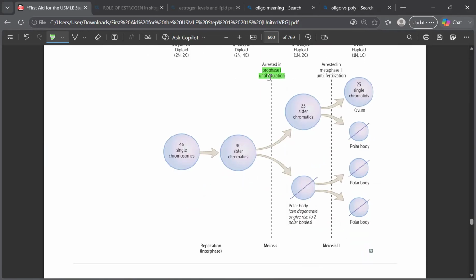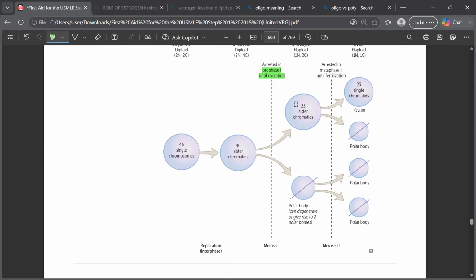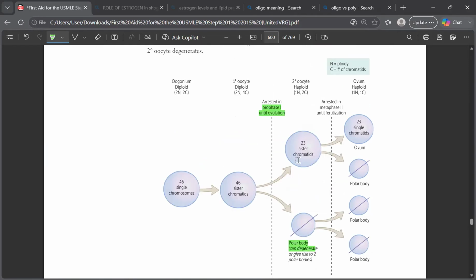After ovulation, there is the secondary oocyte, which is now haploid, 1N, and two chromatids because there is a division. There are 23 sister chromatids from one division, and the other division is a polar body that can degenerate and give rise to two polar bodies. And then the 23 sister chromatids undergo meiosis 2, and this secondary oocyte forms the ovum.